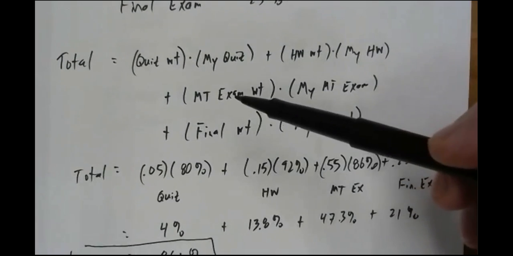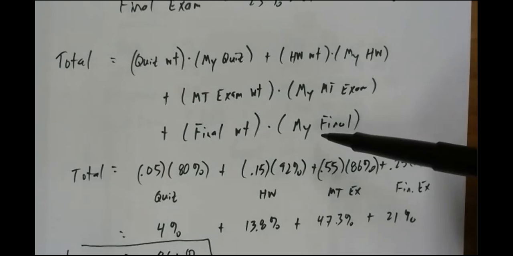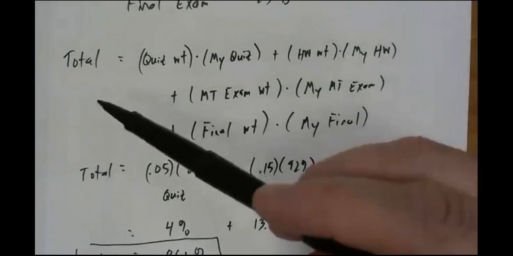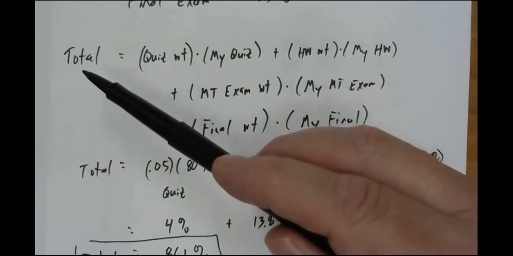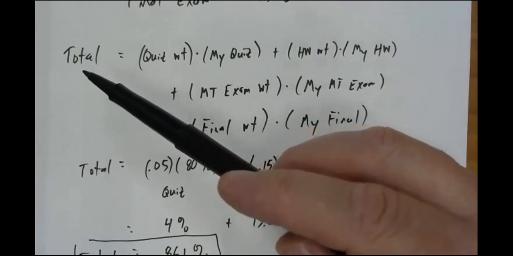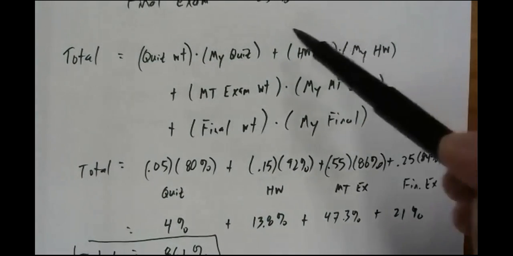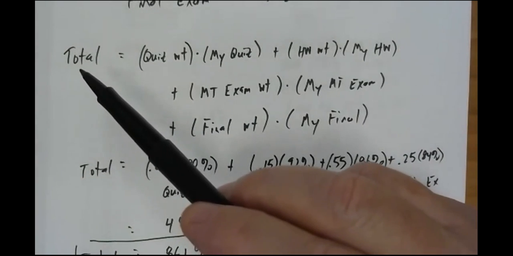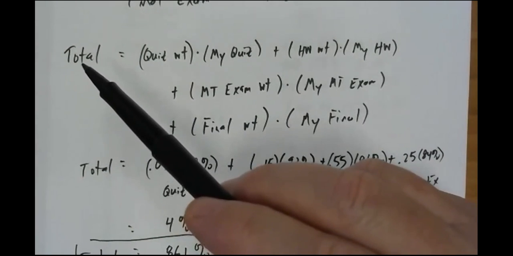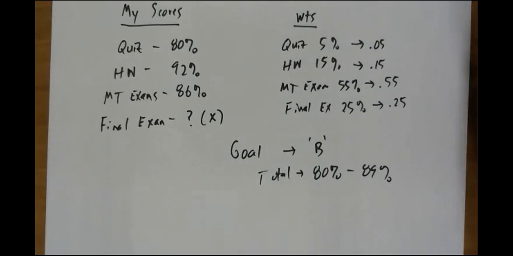Here, I'm going to plug in 80% for my total, because I'm trying to figure out what my final exam score should be so that the whole calculation gives me a final score of 80.